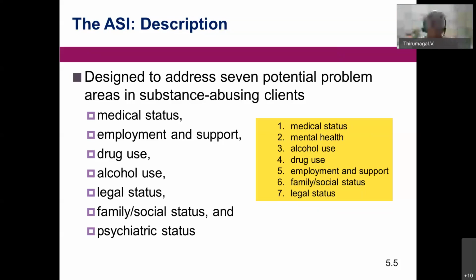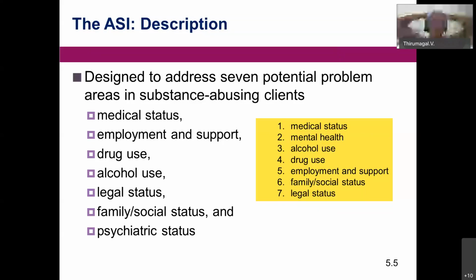Let me give you an example. Suppose I was arrested by the police. I will talk about it only in the legal section. I was arrested due to a drug, but I won't discuss it in the drug section. Do you understand?